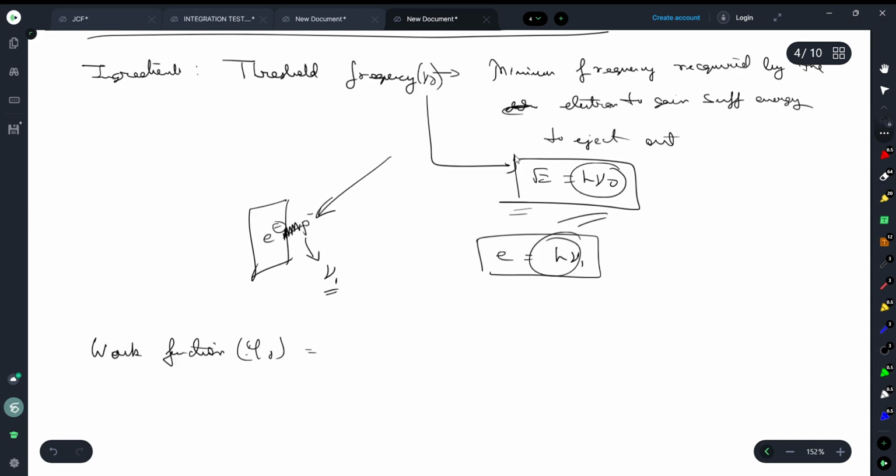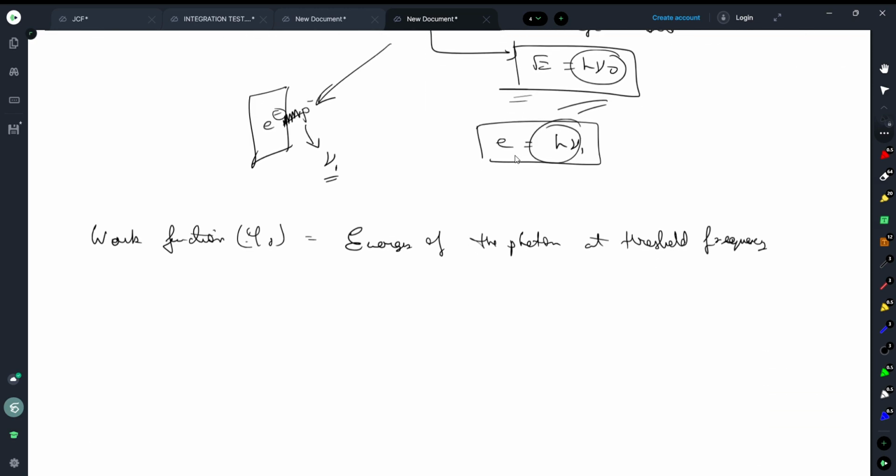Work function is the energy of the photon at threshold frequency. We can also define work function as the work done by the photon on the electron, which allows the electron to get ejected out from the metal plate. Is it clear? And this is of course equal to h nu naught.